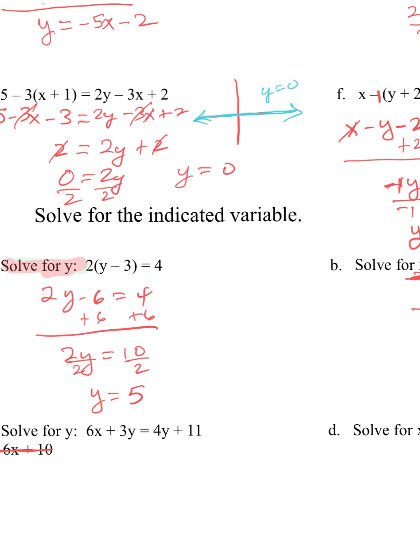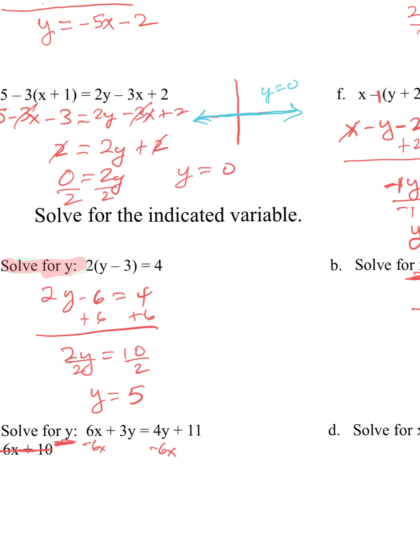Okay, on that side. So we're solving here for y. So 3 is multiplied to y, and then 6x is added. So the last thing we did was add 6x, so we minus 6x. Okay. And then, actually, we can't even do that yet because the y's aren't on the same side, so we have to make the y's on the same side.